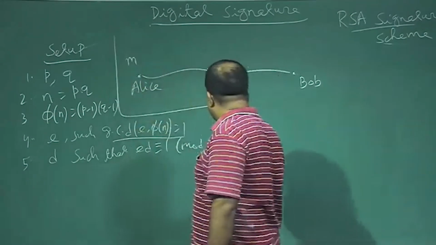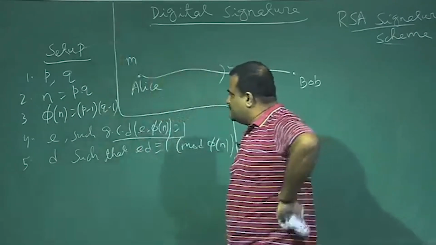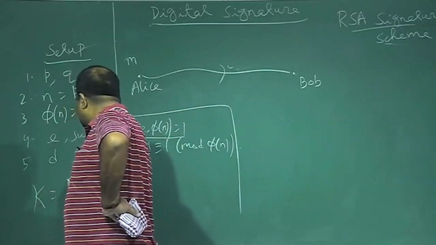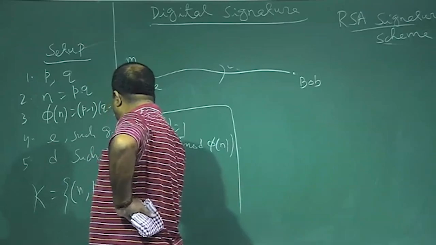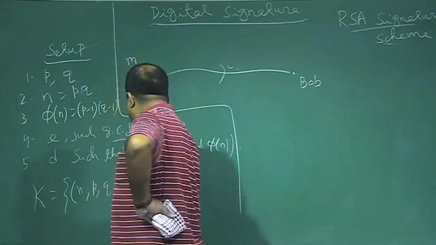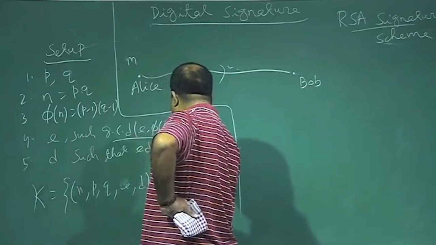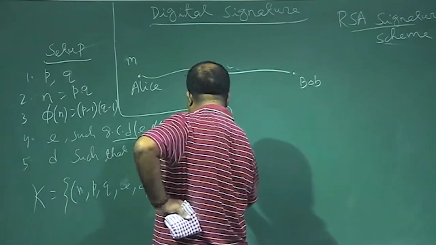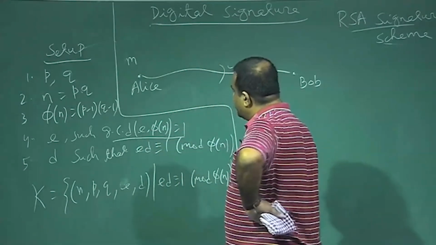Once Alice runs this setup phase, Alice has this key set. This key set basically consists of N, P, Q, E, D, such that ED is congruent to 1 mod phi n.